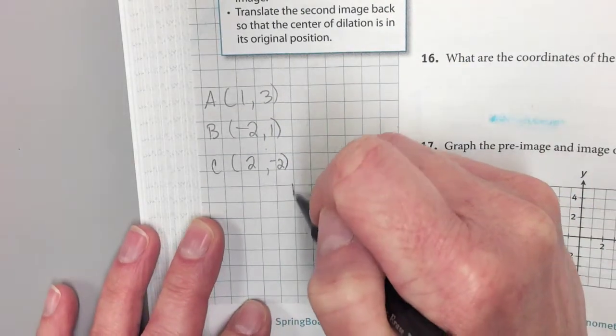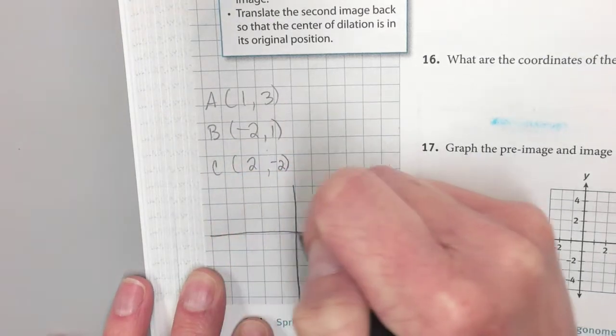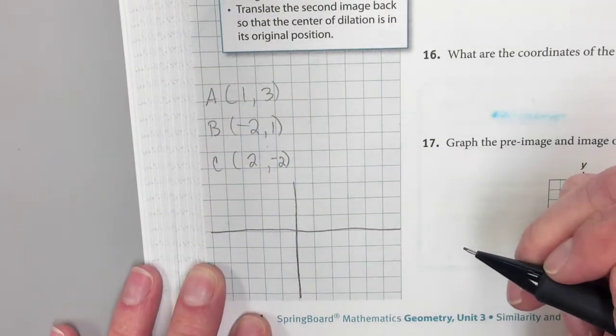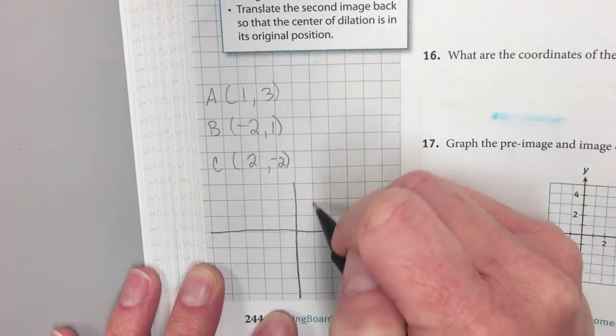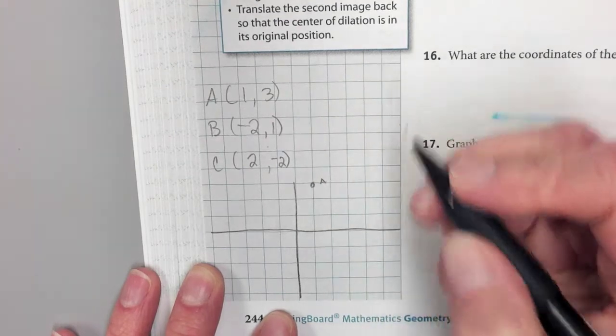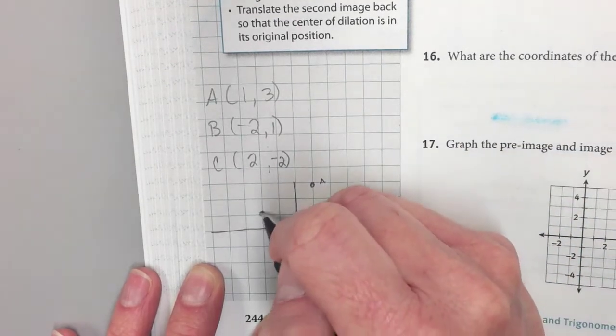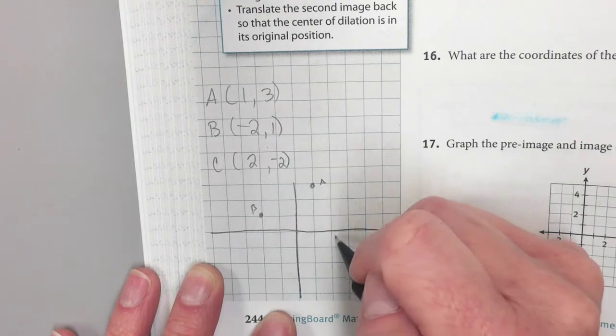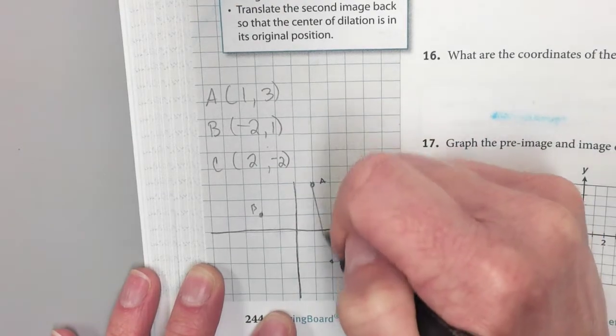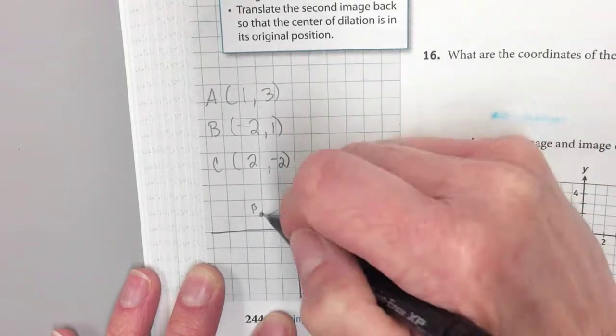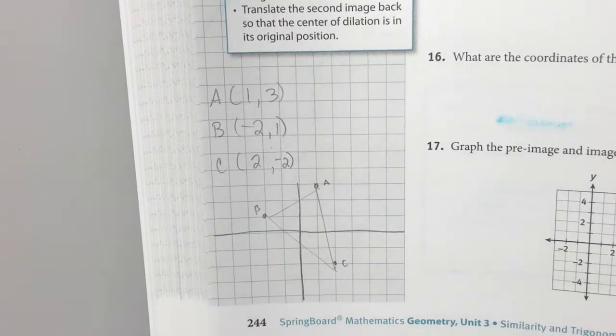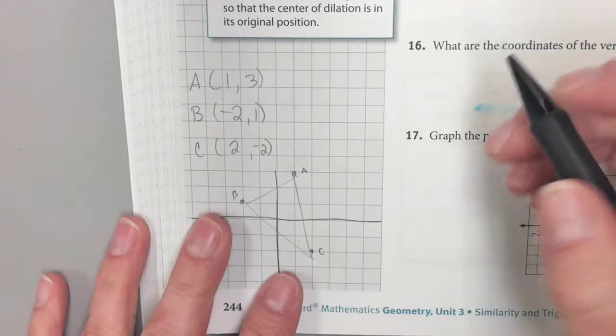And so I'm going to sketch that right here. Hopefully I've given myself enough elbow room. We're at 1, 3 for point A. B is -2, 1, and C is 2, -2. So here is my not so perfect triangle, but we're good enough. Here's our task.